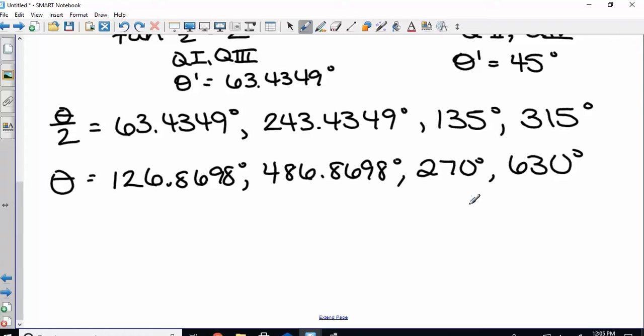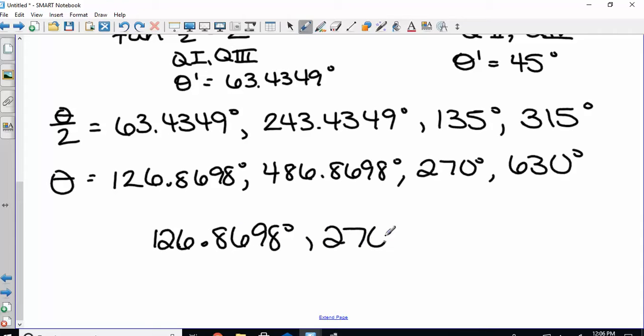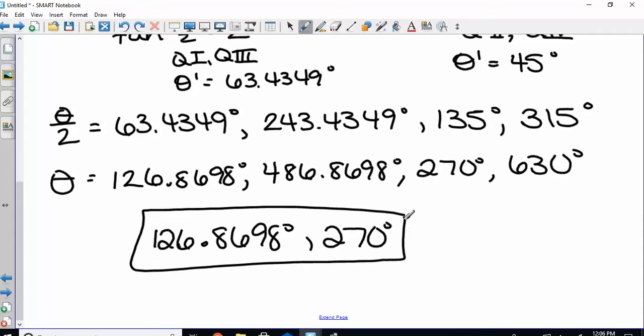Do I keep them all? No. My direction said find all the solutions between 0 and 360. So there are only 2 that fit that criteria. The others are not in the interval. If you got the answer as 360, would you not put it, or would you just put it as 0? You put it as 0.